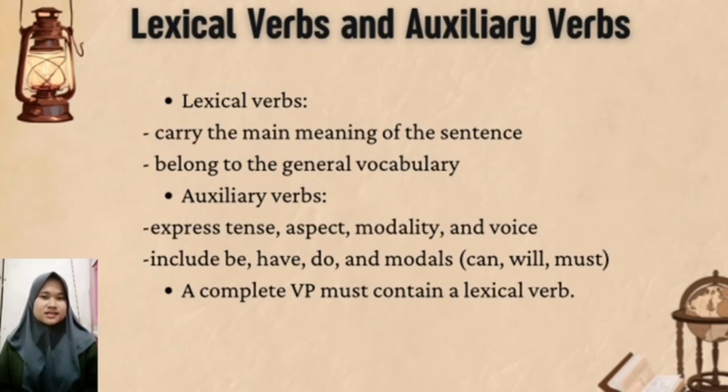They help lexical verbs express grammatical meanings such as tense, aspect, modality, and voice. Common auxiliaries include be, have, do, and modal verbs like can, will, and must. A complete verb phrase must contain a lexical verb, while auxiliary verbs may appear optionally.